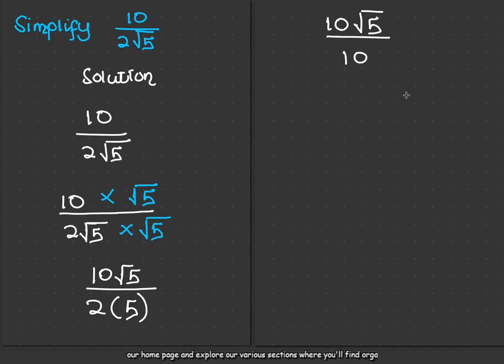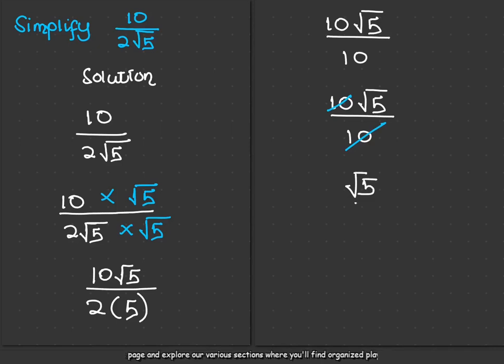As you can see, the 10s divide each other or cancel out, and we are left with root 5 as our final answer. This is how we rationalize if our denominator is a monomial.